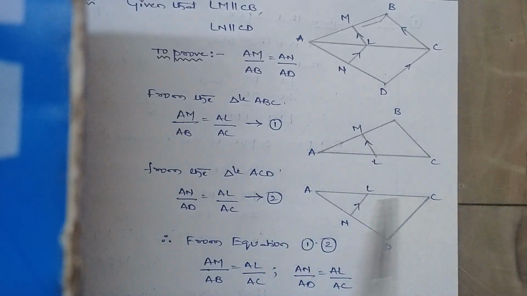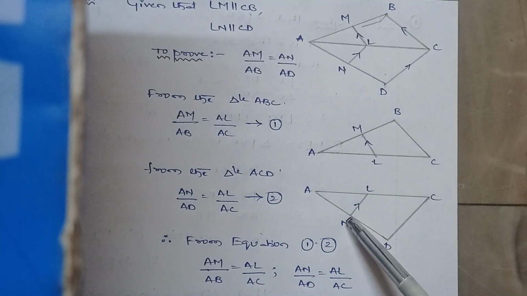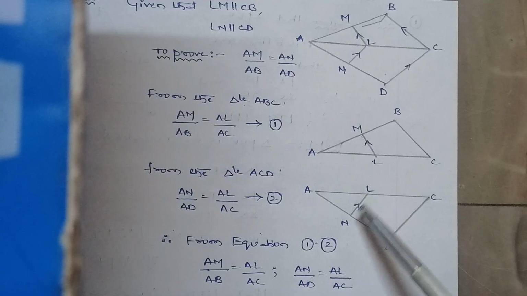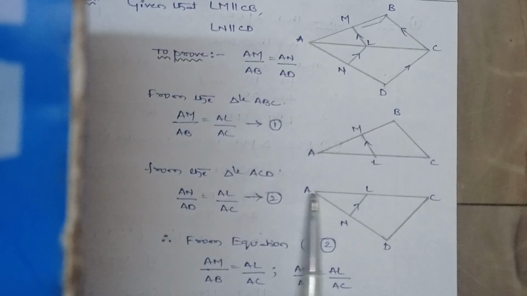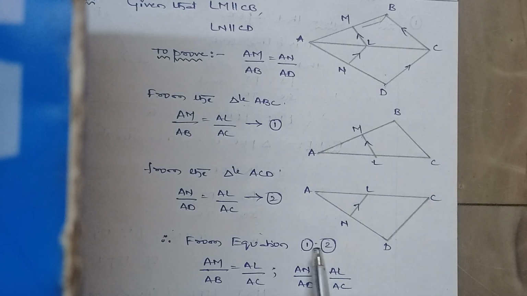Similarly, from the bottom triangle ADC, where LN is parallel to CD, using BPT, students, if a line is parallel to the third side, then it divides in the same ratio. Therefore, AN by ND equals AL by LC, so AN by AD equals AL by AC. This is equation 2. We have taken this ratio using the BPT theorem.